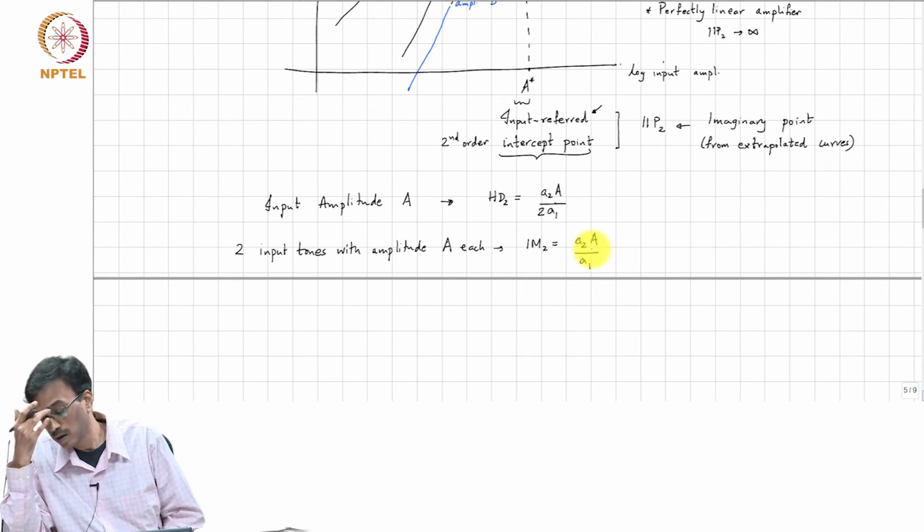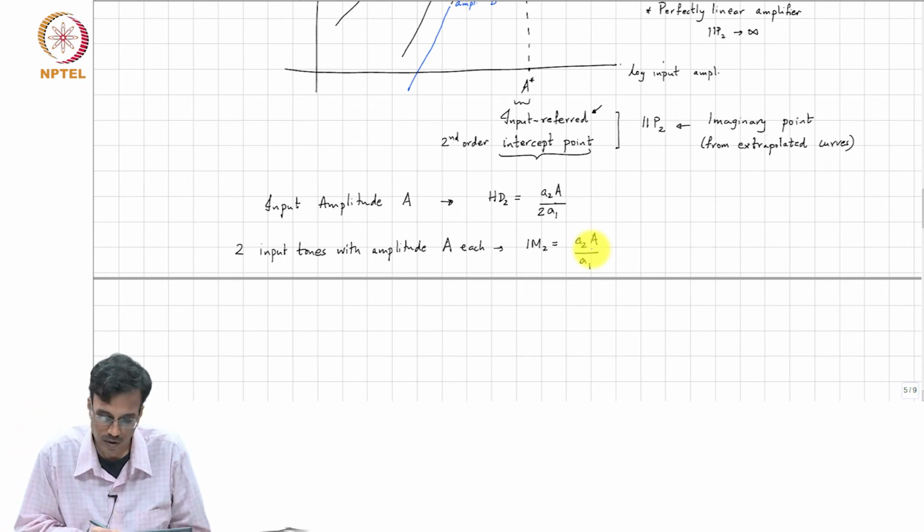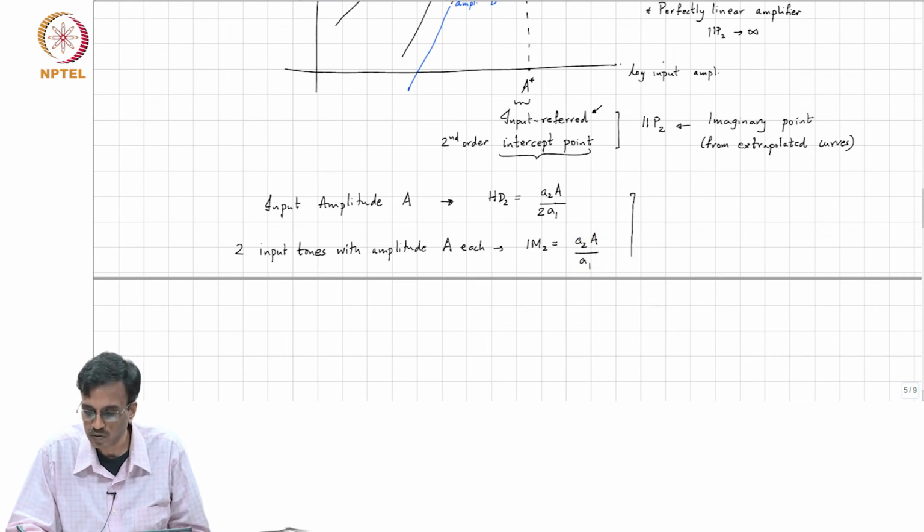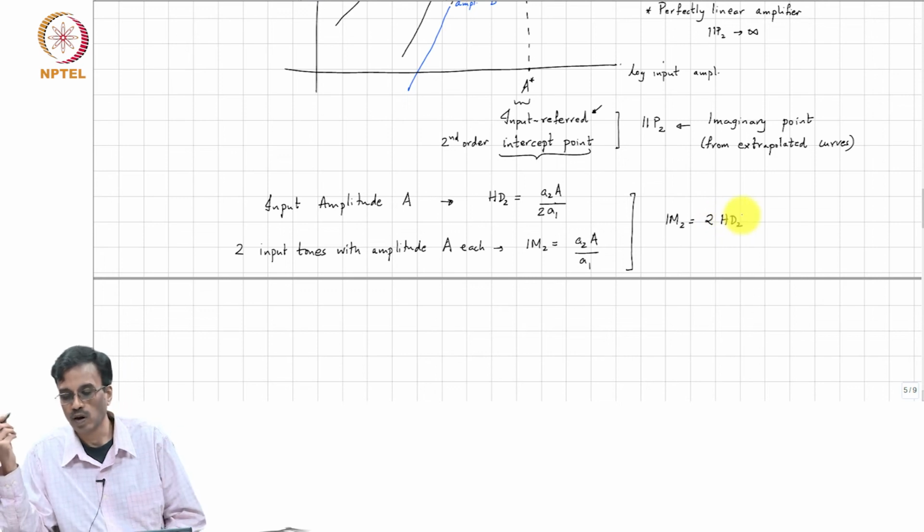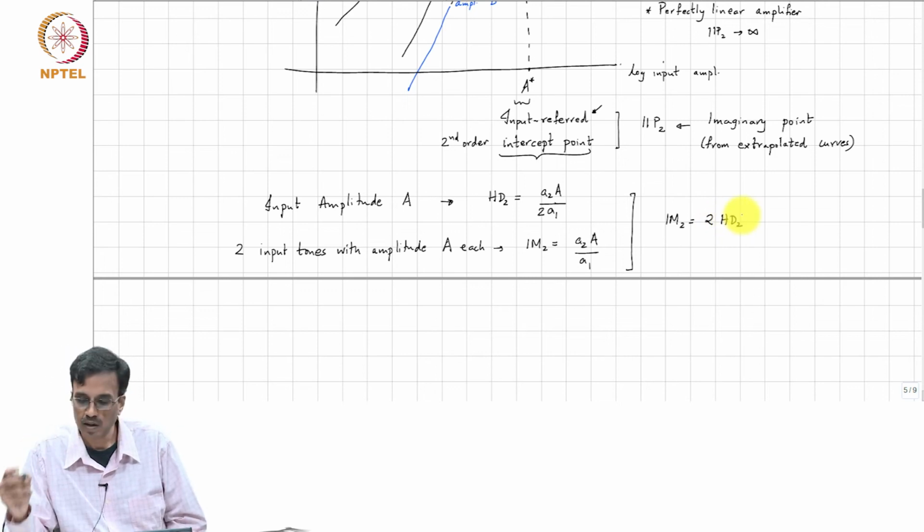Under these situations we see that IM2 is basically twice HD2 when they are all expressed as numbers and not in log scale.